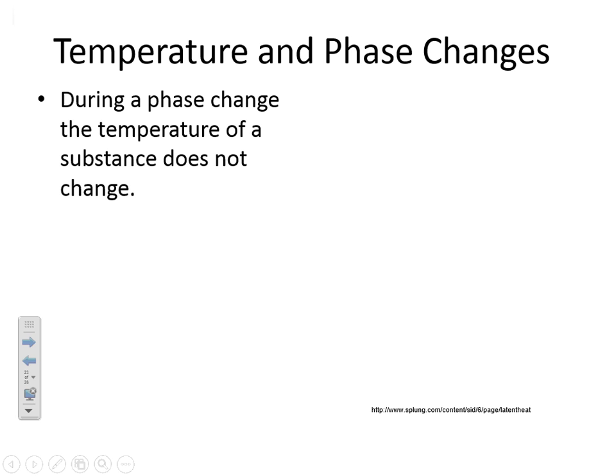If I had an ice cube and was measuring its temperature, the second it hit 0 degrees, it's going to stay at 0 as the entire ice cube melts until all of the ice is turned into water. Once all of the ice is liquid water, the temperature can start to rise, but not until then.